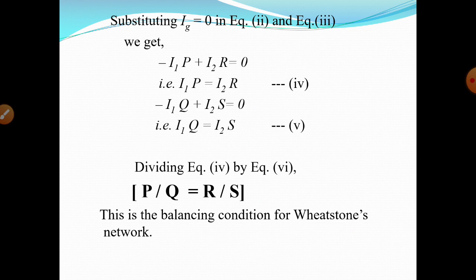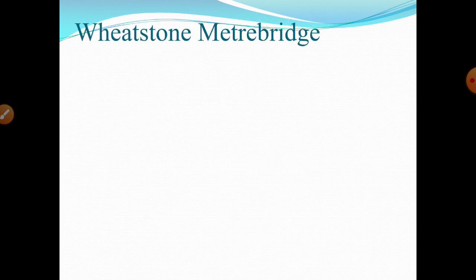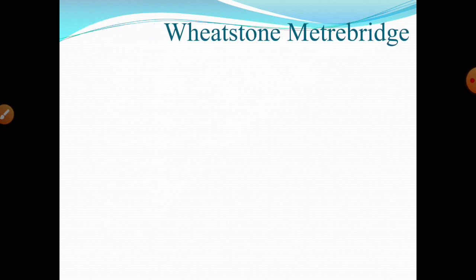Now we have to see the next point, Wheatstone's meter bridge. Wheatstone's meter bridge is the modification of the Wheatstone's network which is used to determine an unknown resistance. It is an instrument which works on the principle of Wheatstone's network, so it is called Wheatstone's meter bridge. The length of wire used is 1 meter, that's why it is also known as the Wheatstone's meter bridge.